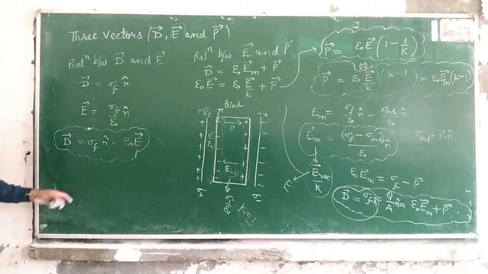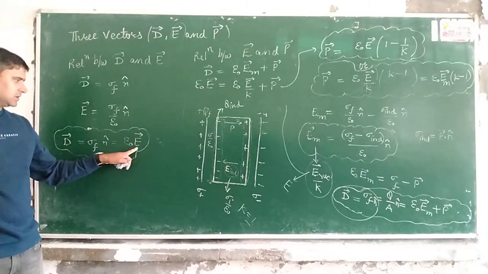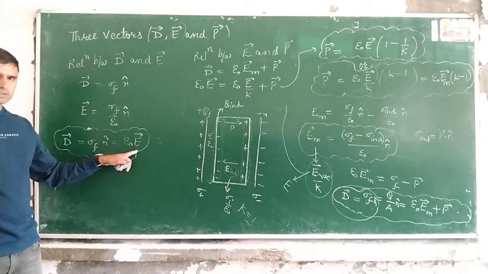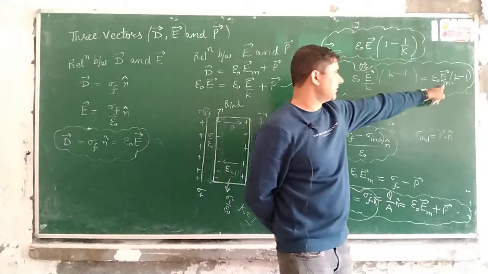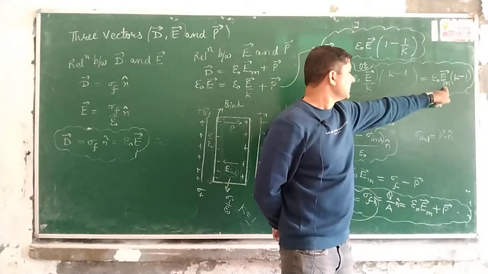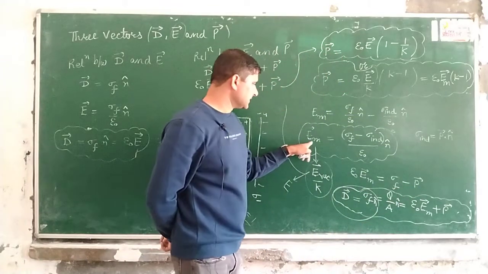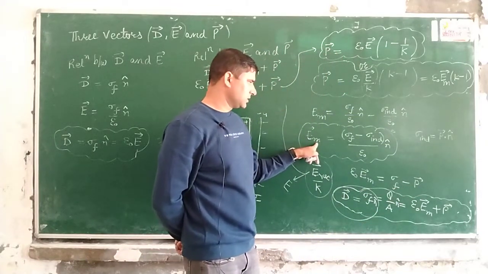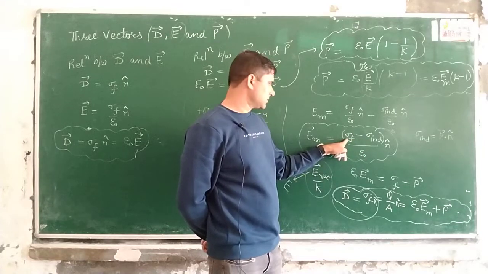You see here, this electric field E, which is in the air medium, depends upon the free charge, and E in the medium depends upon the bound charges and the free charges, because here you can see the electric field in the medium is a function of induced charges and free charges.